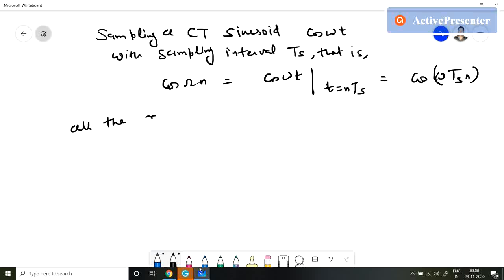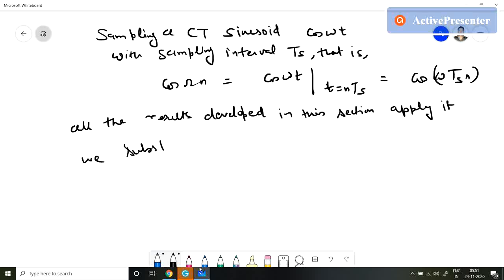All the results developed in this section apply if we substitute ωTs for Ω, that is Ω is equal to ωTs.